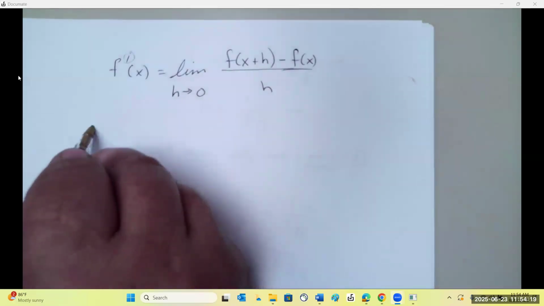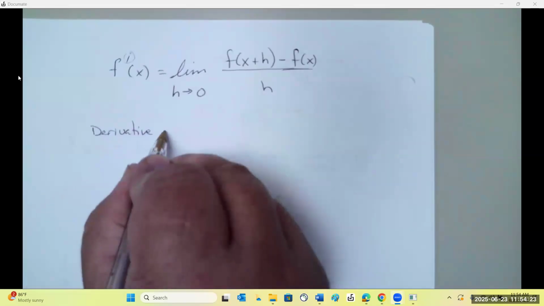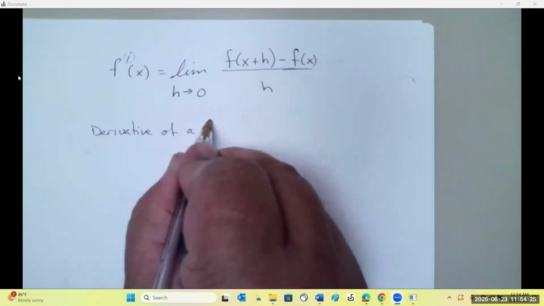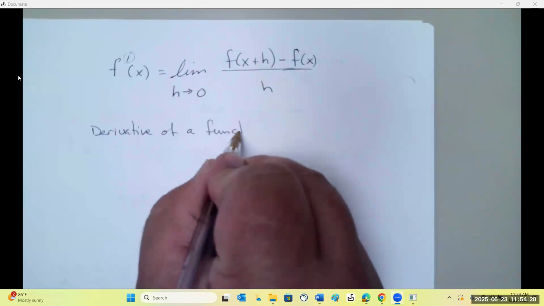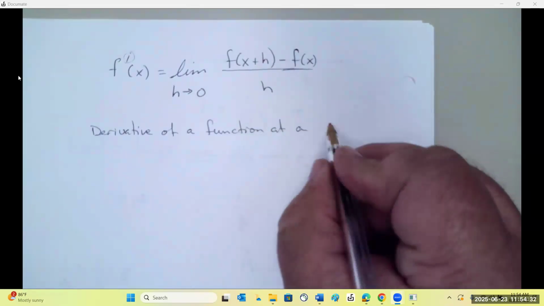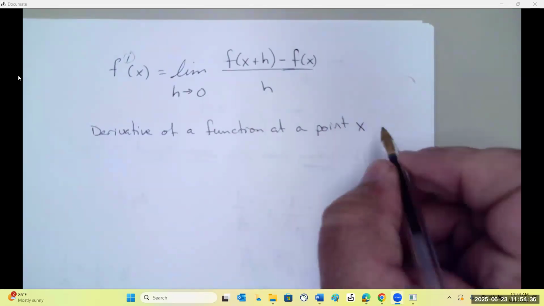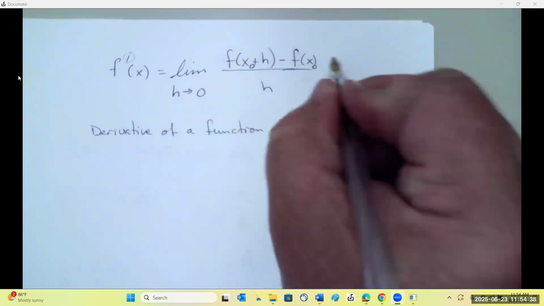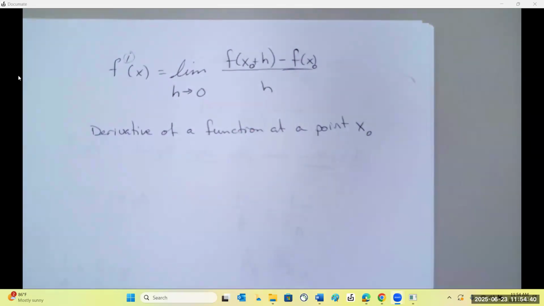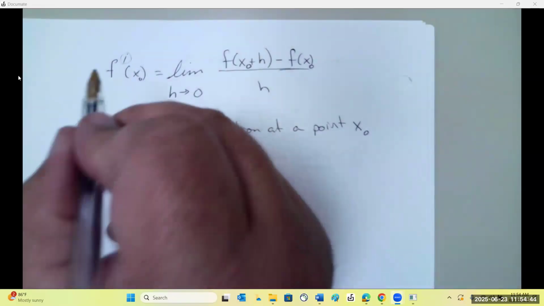It's the derivative of a function at a point x, so make it x sub 0. So it's a specific point. So it's at that specific location.